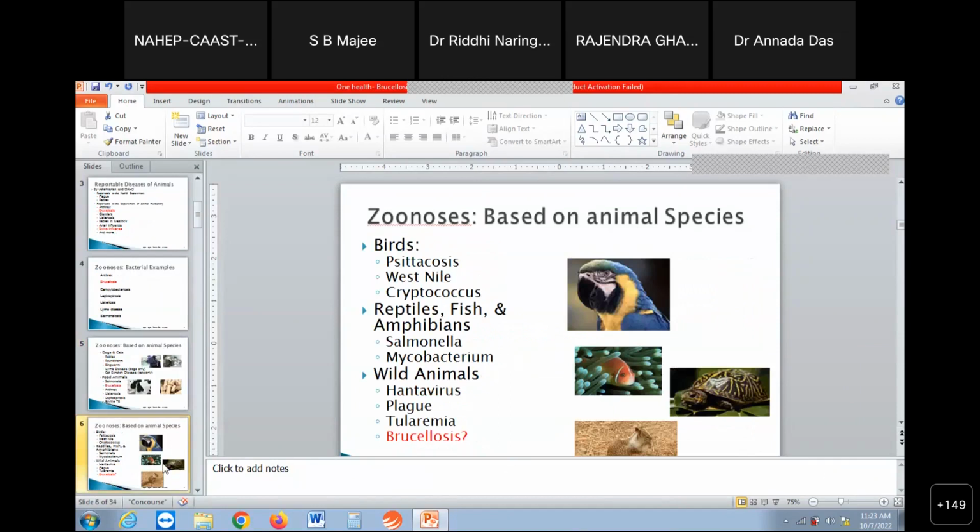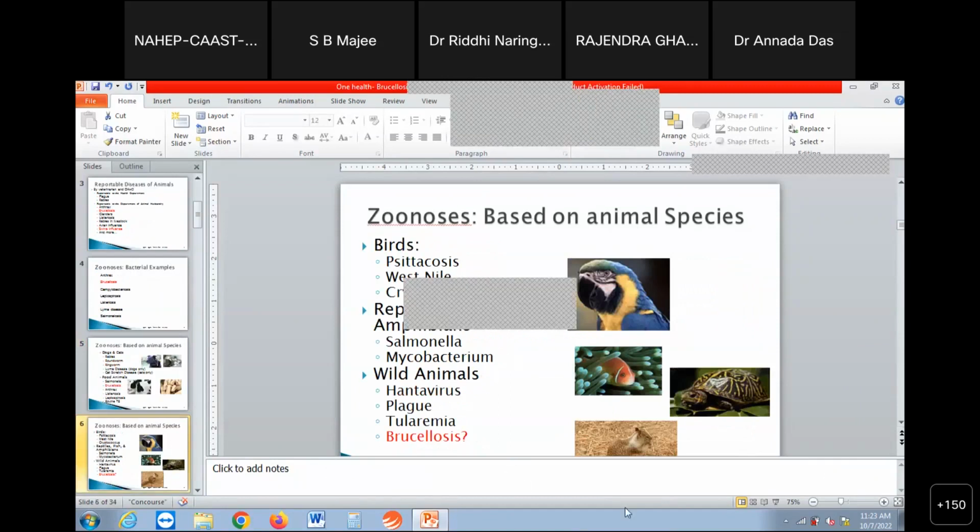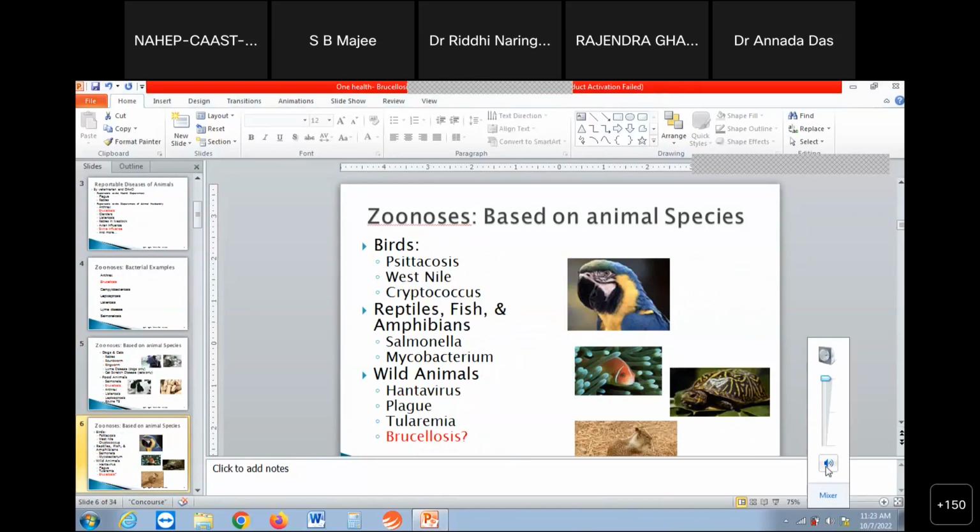Some of the further zoonoses which we see in birds include psittacosis, West Nile, cryptococcosis, salmonellosis, and mycobacteriosis. And among wild animals, which is all the more enigmatic today, is the presence of brucellosis in wild animals along with hanta, plague, and tularemia.